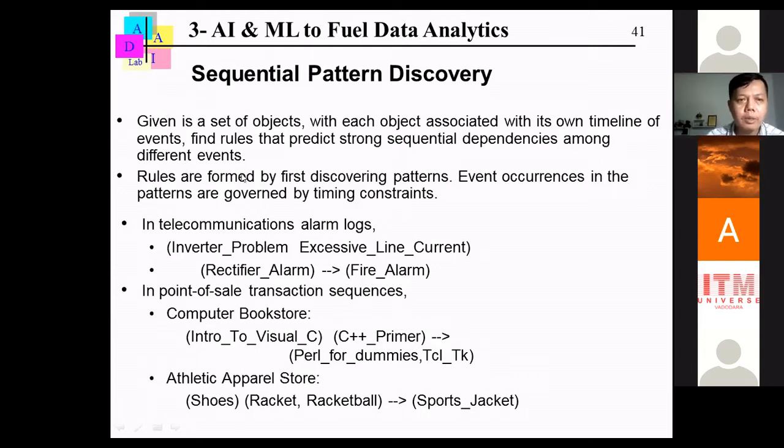The rules are formed by first discovering patterns, and event occurrences in the pattern are governed by timing constraints. For example, here is a telecommunication alarm log, and transaction sequencing in a computer bookstore or athletic apparel store. We have some sequential pattern discovery here.